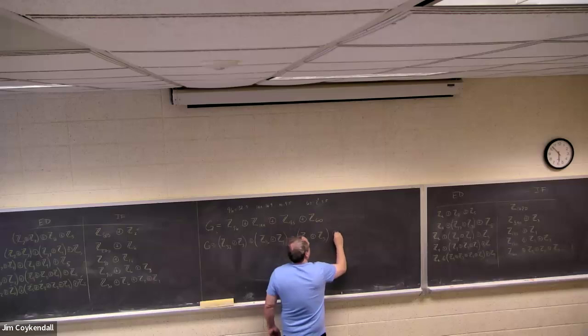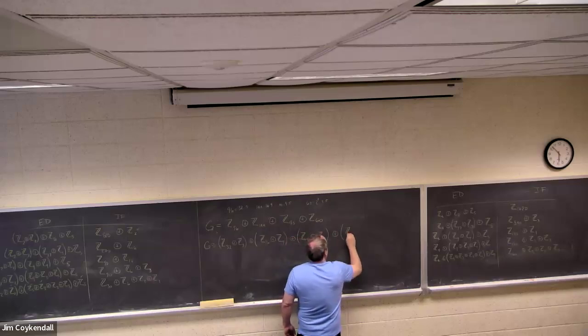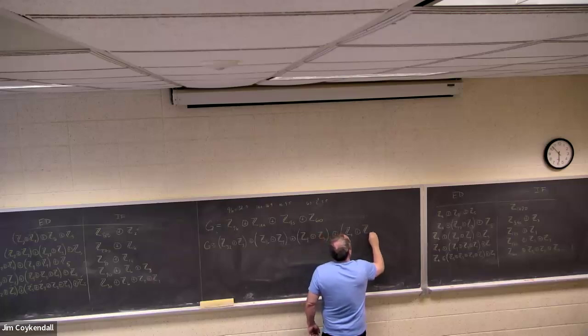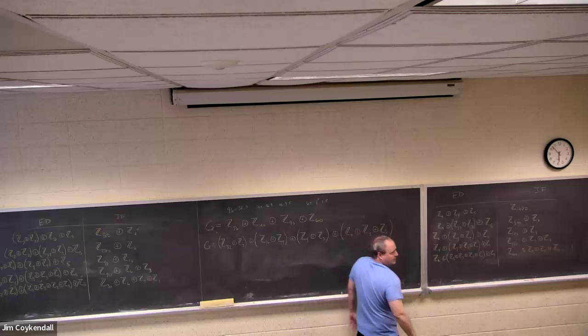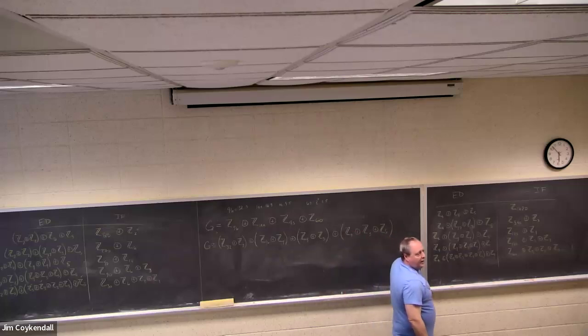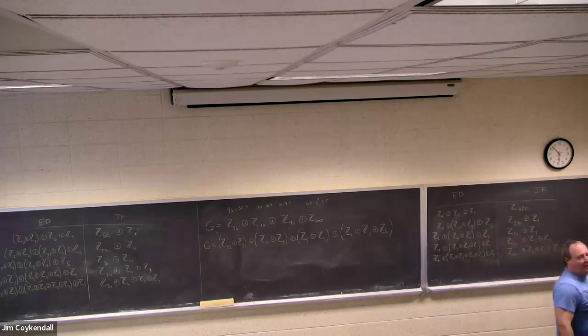And 60 is C4, direct sum C3, direct sum C5. Okay, first step. Do you all see how I got that?